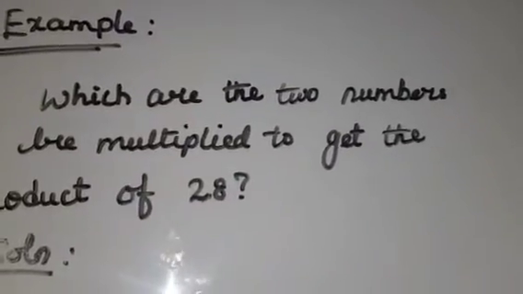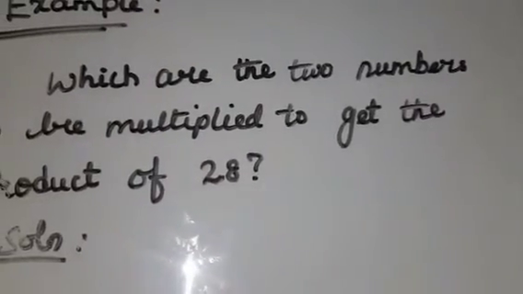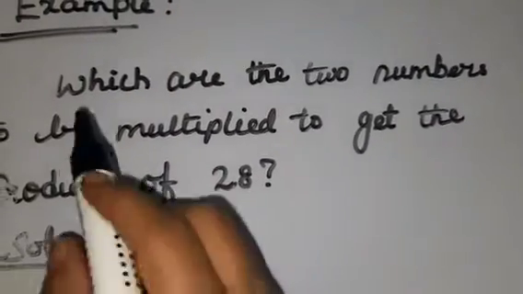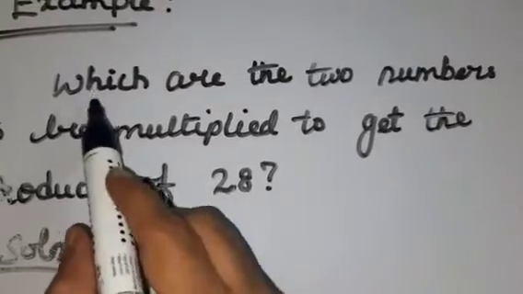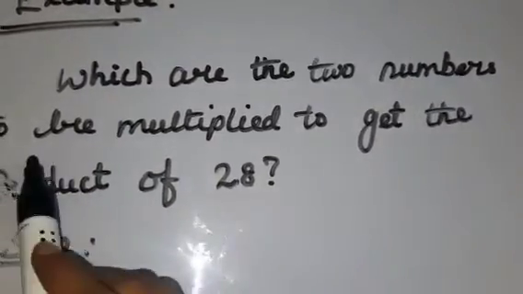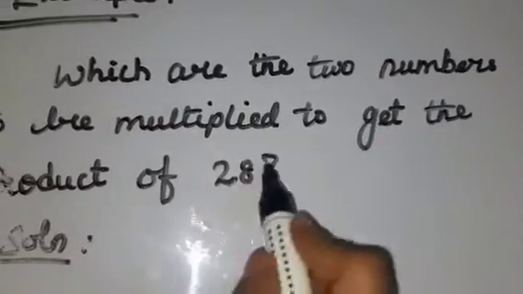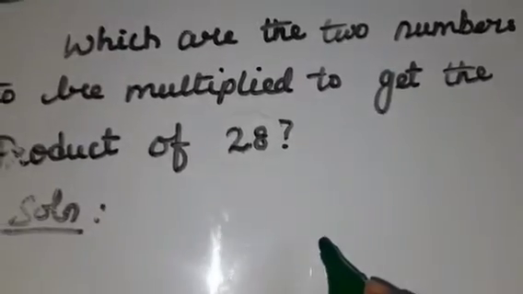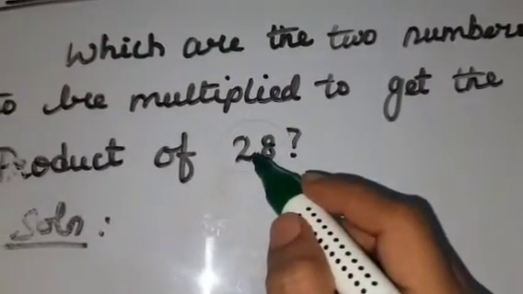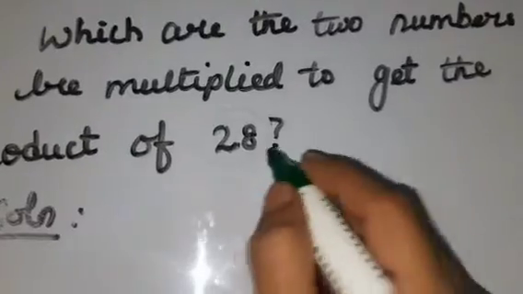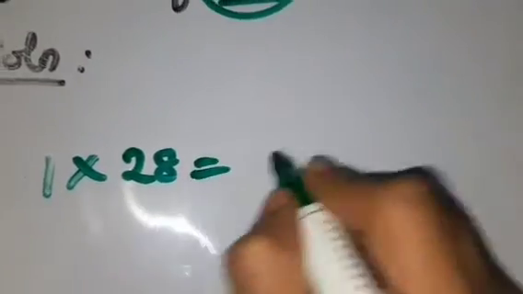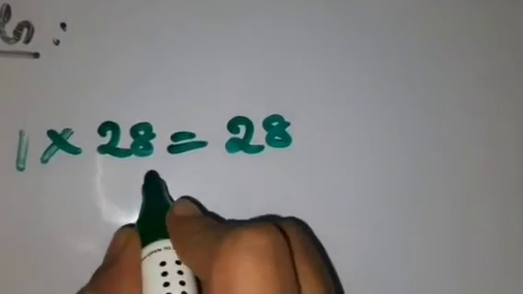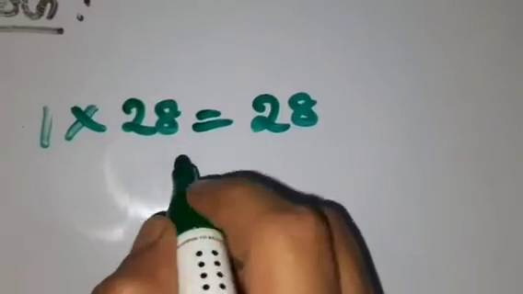Now, let's solve a few examples based on factors and multiples. Here, the given question is, which are the two numbers to be multiplied to get the product 28? What they have asked is to find out the two multipliers of 28. We know that all numbers are the multiples of 1. So 1 into 28 is 28.